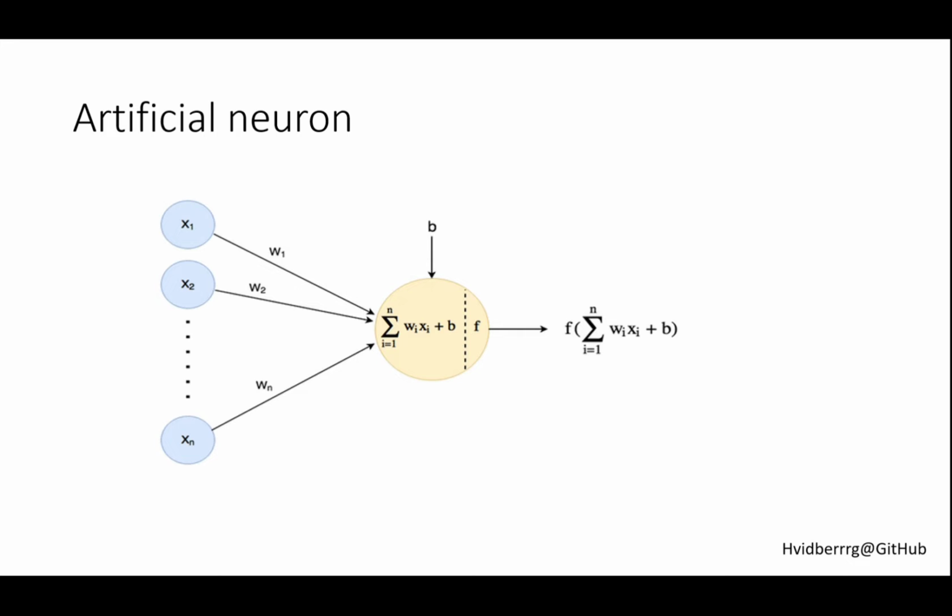This figure shows how the input vector is received by a neuron and how it utilizes that to produce an output by using the activation function. In this figure you can see the input vector comprises elements x1, x2 and so on up to xn.